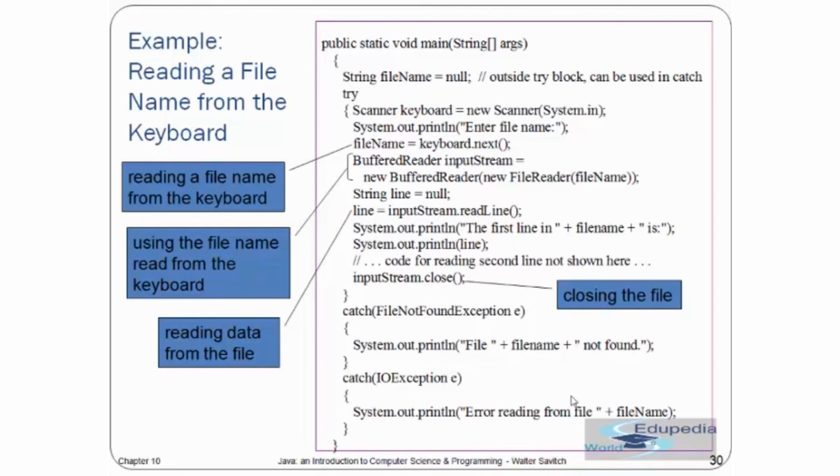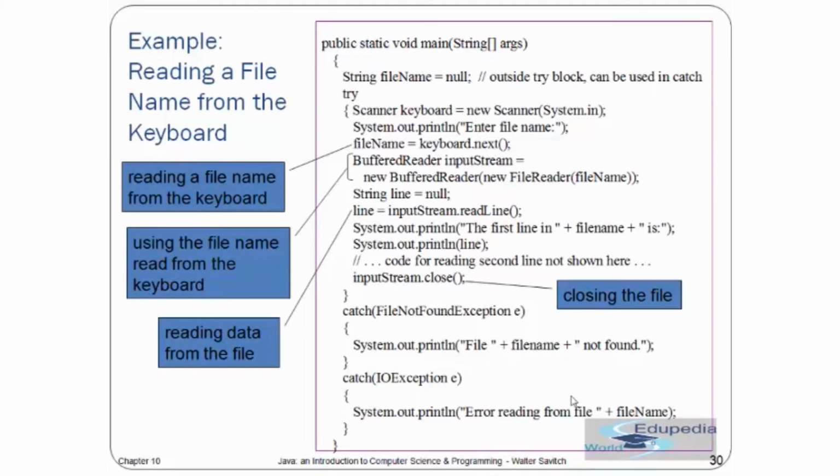System.in is used to take input and our Scanner object is able to read that input. By calling keyboard.next, our Scanner object's next method, we read the file name. This file name is given by the user, for the file it wants to read. After that, we create a BufferedReader object with that file name so that this BufferedReader object is able to read your file.